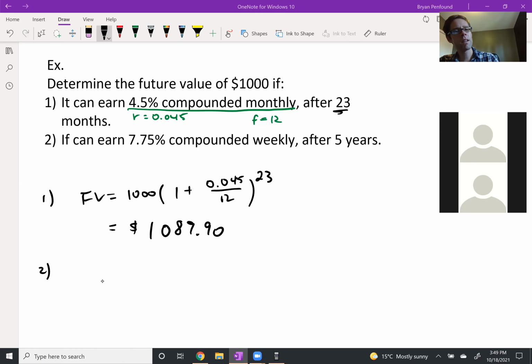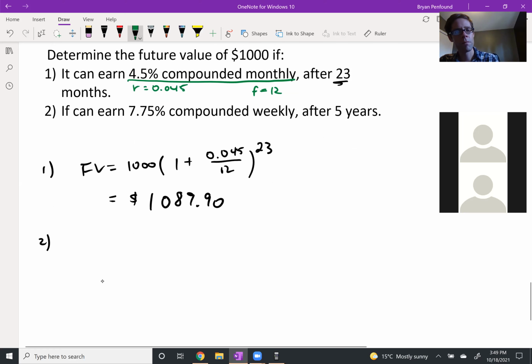Now what about for something like number 2? Okay, we have this compounded weekly, so F is equal to 52. And then we have this information. We have 5 years.